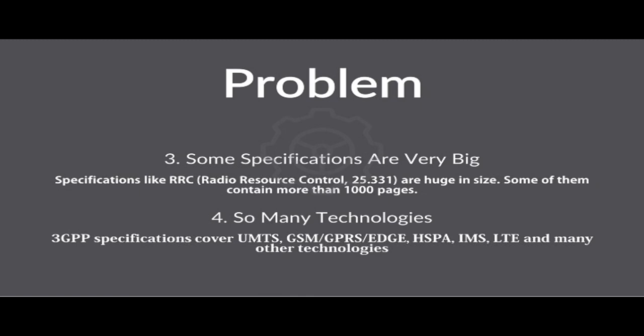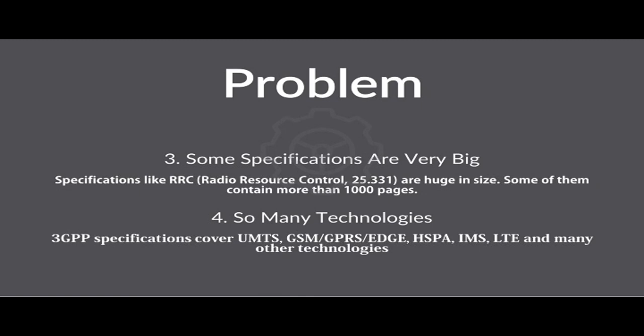Telecommunication technologies have been developed over so many years, and they have evolved from many earlier technologies. So to understand, for example, LTE, we have to read about the earlier technologies like IMS, HSPA, GSM, UMTS, and others.